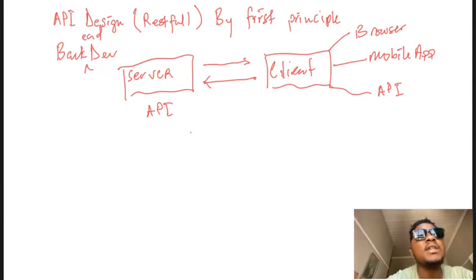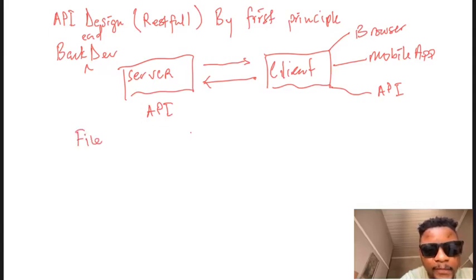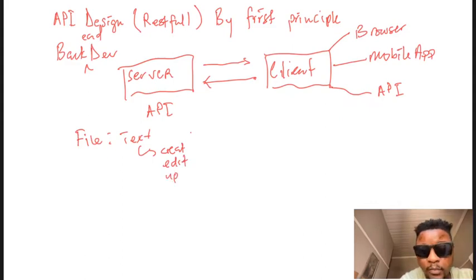So back in the 1960s or 1950s, when the internet was available, people had files on their computers, like text files. On these text files, you could perform a lot of things. You can create files, edit files, update files on your computer, right?